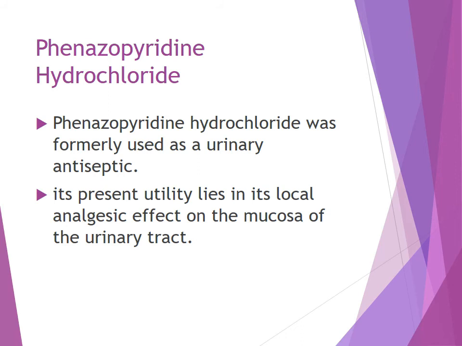The advantage of this drug is that it is rapidly excreted in the urine, to which it gives an orange-red color, and this will stain your fabrics, and that stain may be removed by soaking it in a 0.25% solution of sodium dithionite.